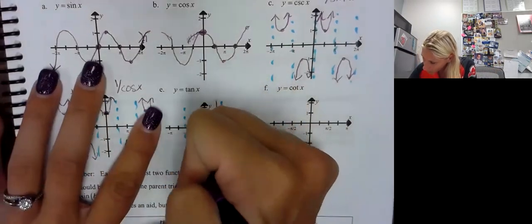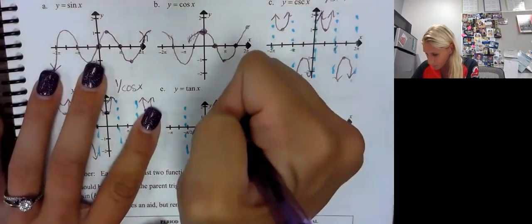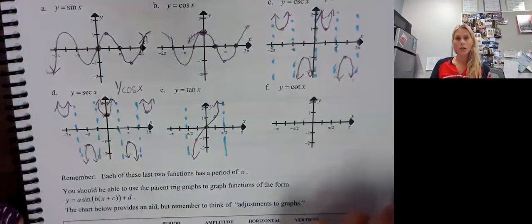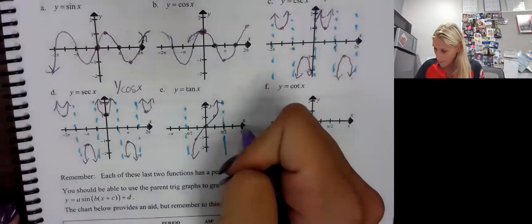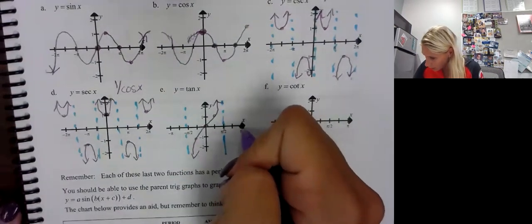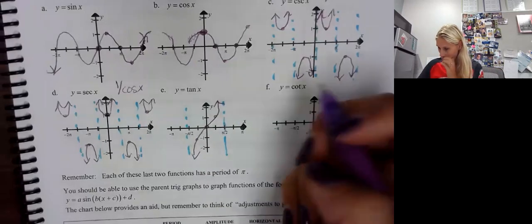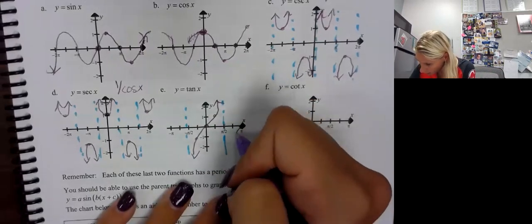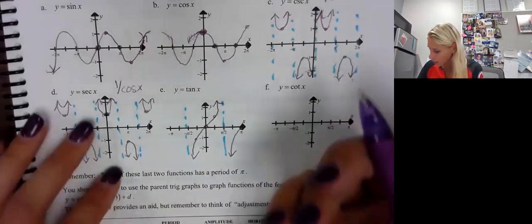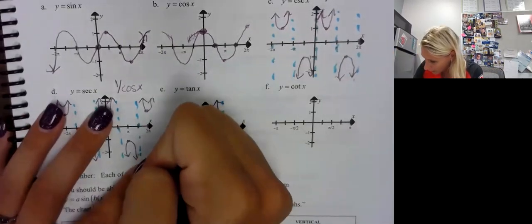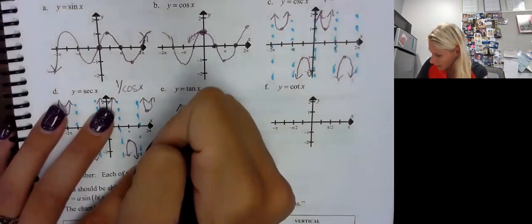You get very close to the asymptote, but you don't cross. So that happens again here. So at pi, we're at 0, and then we dip down here. We could continue, but our graph doesn't go that far. But for here, we continue.